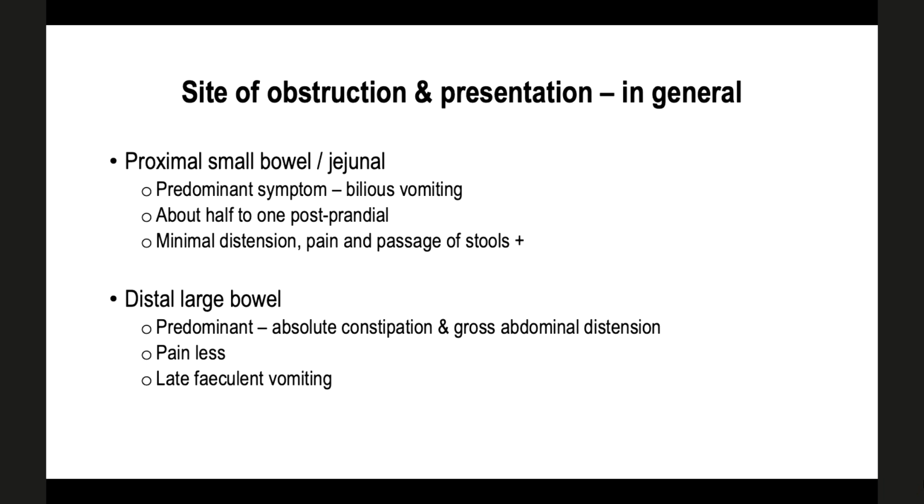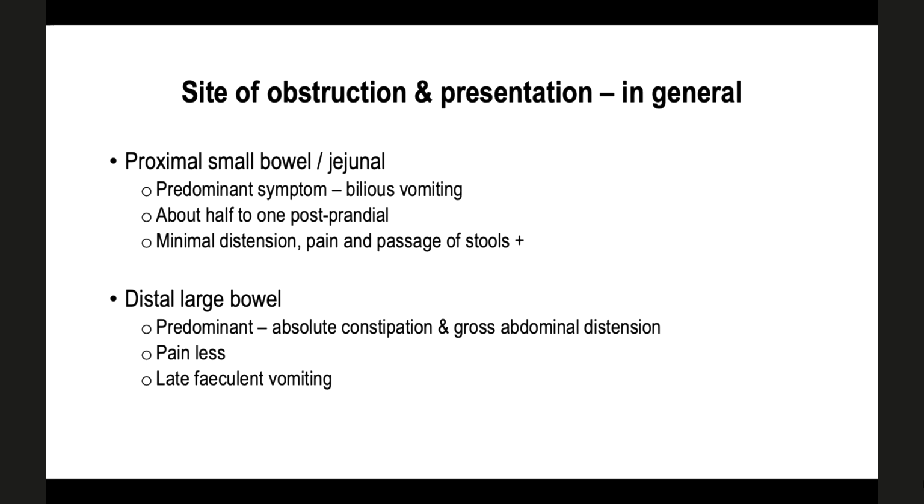For this reason, proximal small bowel obstruction is sometimes missed because, other than the vomiting, you don't see the other cardinal features of intestinal obstruction. Quite often these patients are just treated with antiemetics, or they are treated for peptic ulcer disease with proton pump inhibitors and so on and so forth. So it's sometimes missed.